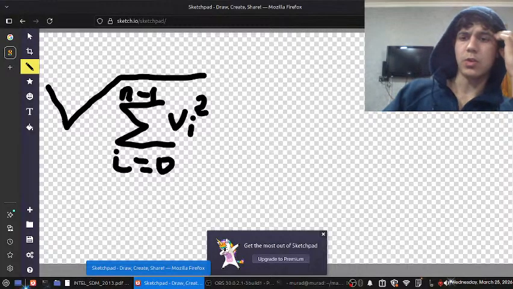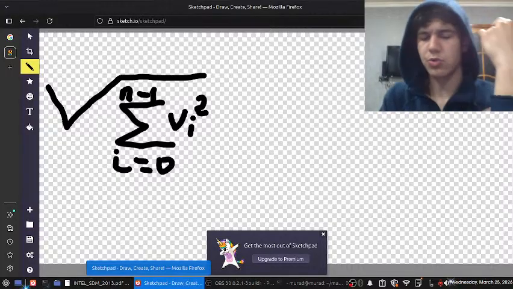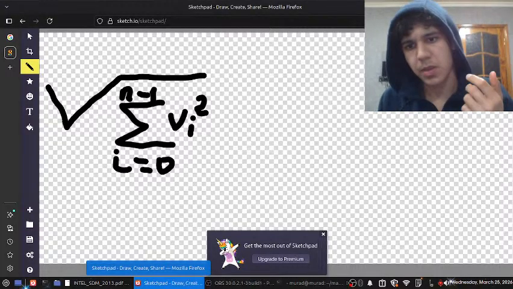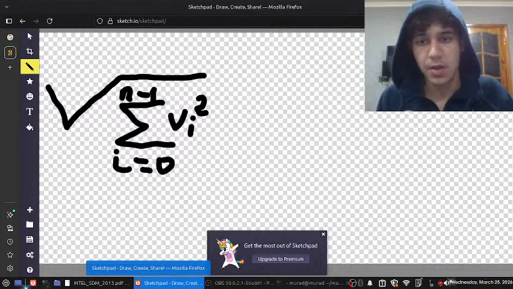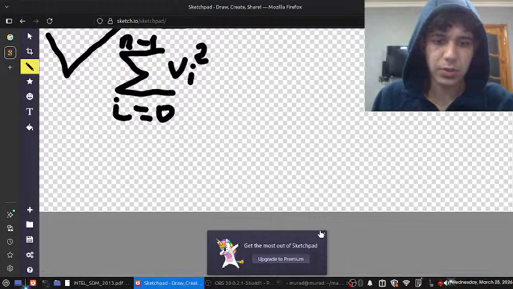Okay, what is this? This is the length of a vector, or just say magnitude of a vector. The two things are the same, but if you want to find the actual length of a vector, you use this.